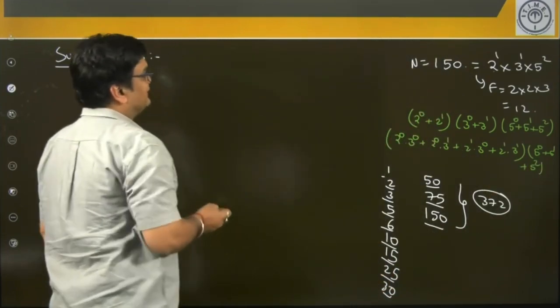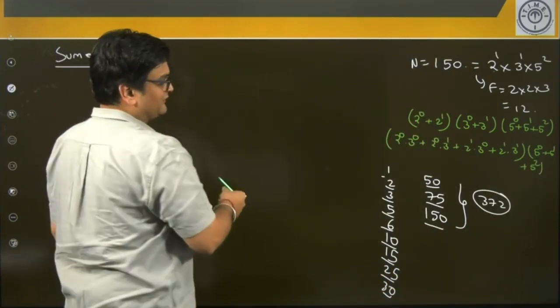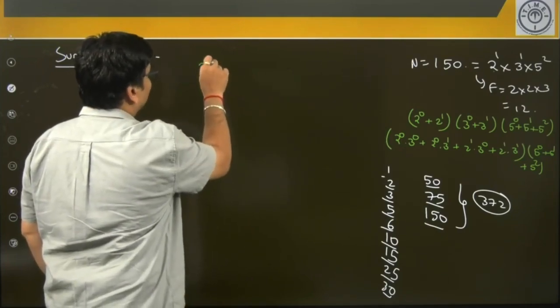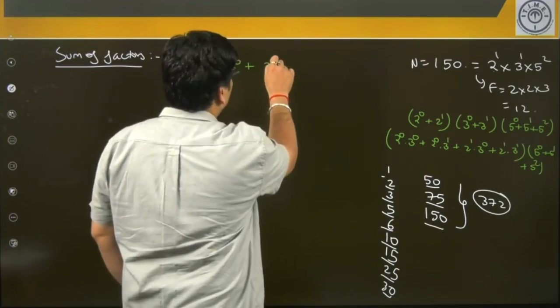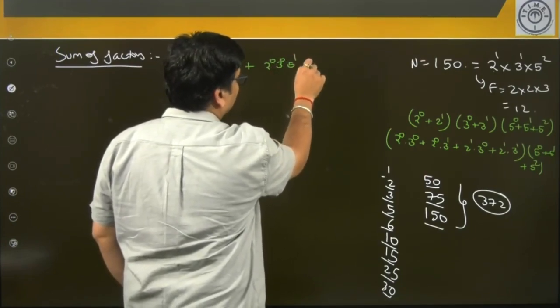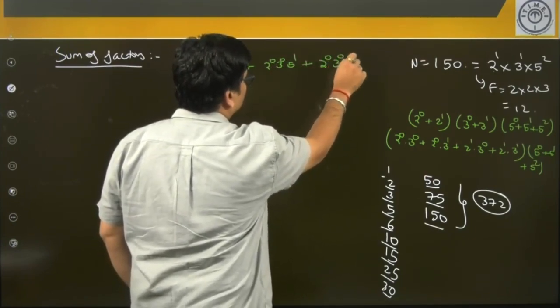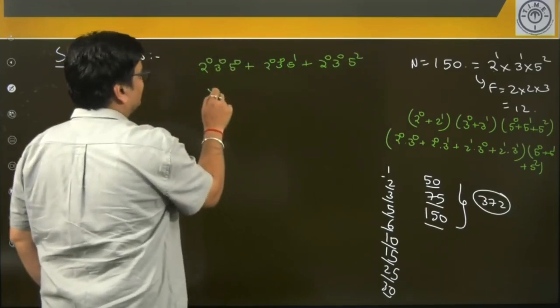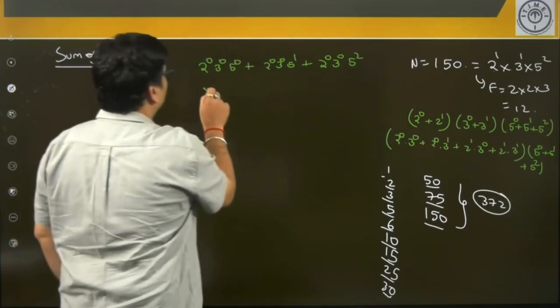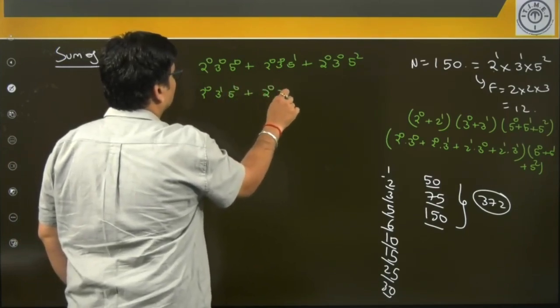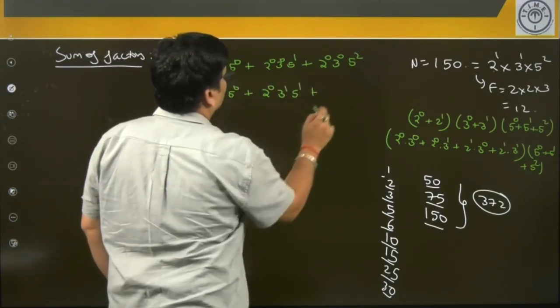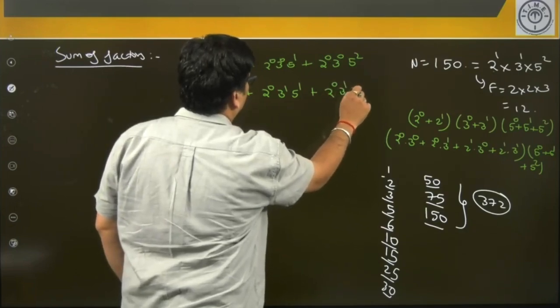Let me write the continuation, the simplification part here further. So it's going to be 2 power 0, 3 power 0, 5 power 0 plus 2 power 0, 3 power 0, 5 power 1 plus 2 power 0, 3 power 0, 5 square. Similarly, the second term 2 power 0, 3 power 1, 5 power 0, 2 power 0, 3 power 1, 5 power 1, 2 power 0, 3 power 1, 5 square.